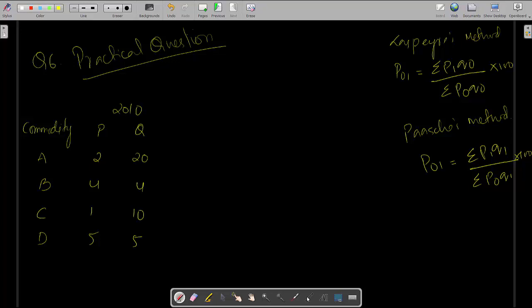So this is for 2010. Now 2017. The price for 2017 is 5, 8, 2 and 10. The quantity for 2017 is 15, 5, 12 and 6.